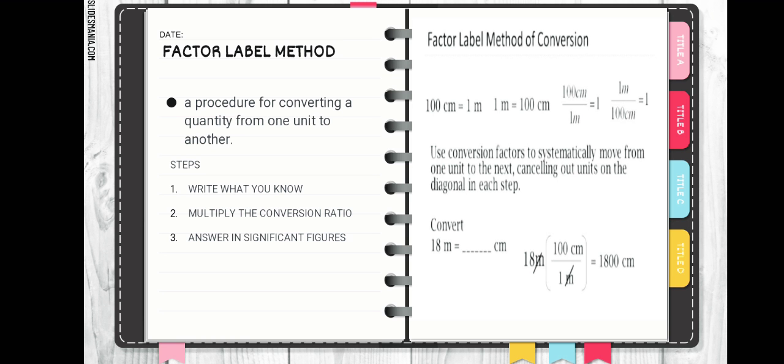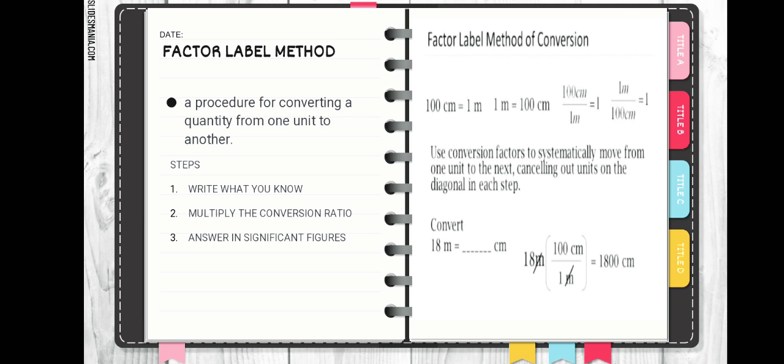So next, we multiply 18 meters times 100 centimeters, which is equivalent to 1,800 centimeters. So this means that 18 meters is equivalent to 1,800 centimeters.